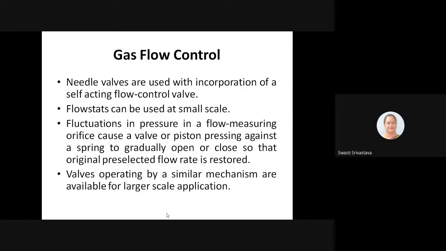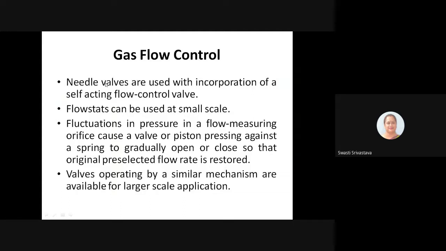So you have to maintain the gas flow rate at a constant speed. For that purpose, in case of gases, we can use needle valves, which are used with incorporation of a self-acting flow control valve. At small scale, suppose at laboratory scale, then flow stats can be used. Now the fluctuations in the pressure in a flow measuring orifice cause a valve or a piston pressing against a spring to gradually open or close, so that the original pre-selected flow rate is restored.